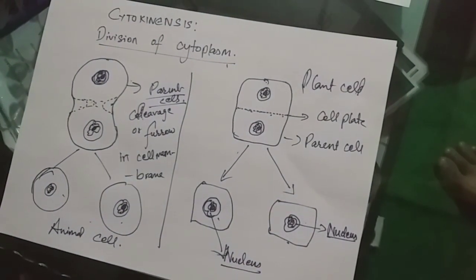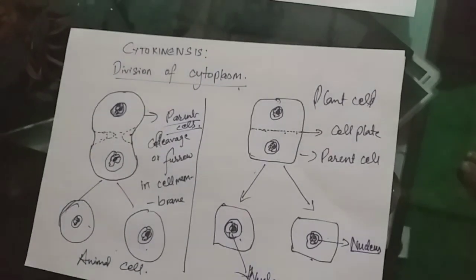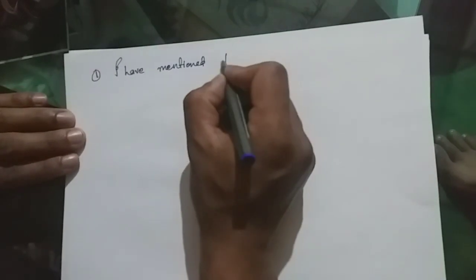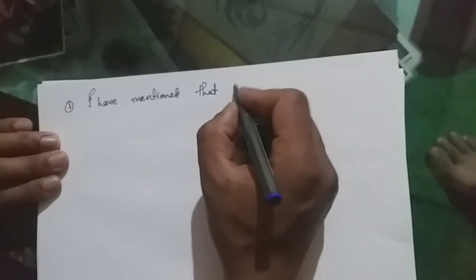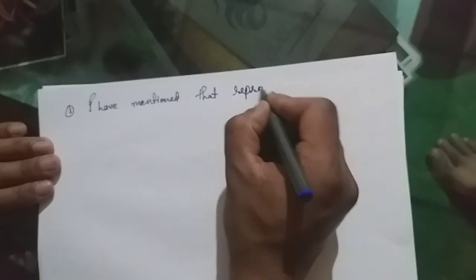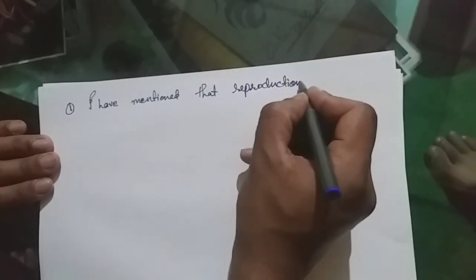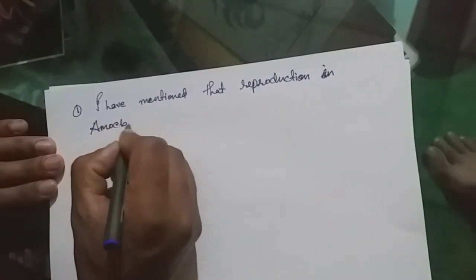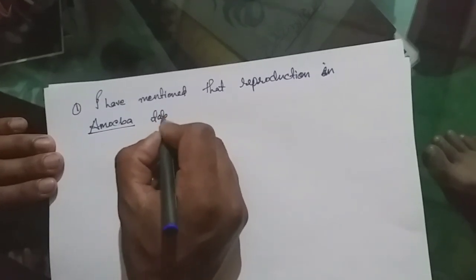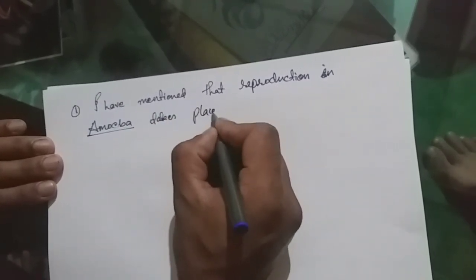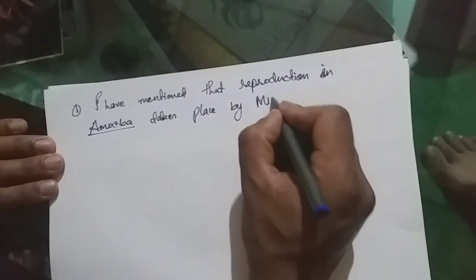Now my question to you all: I'm giving you some questions. Number one, I have mentioned that reproduction in amoeba takes place by mitosis.